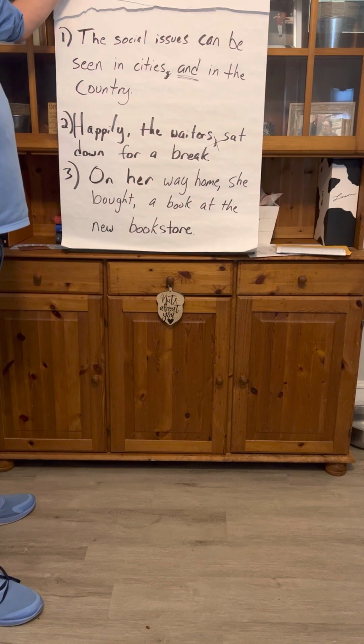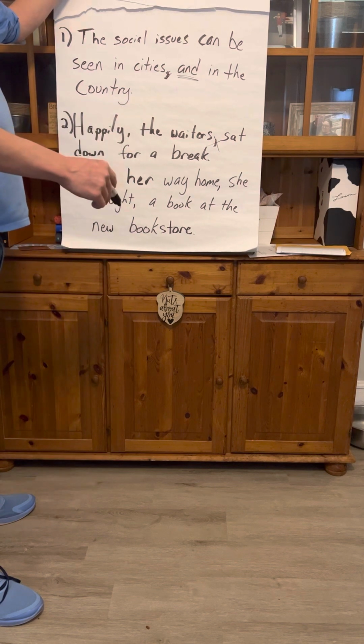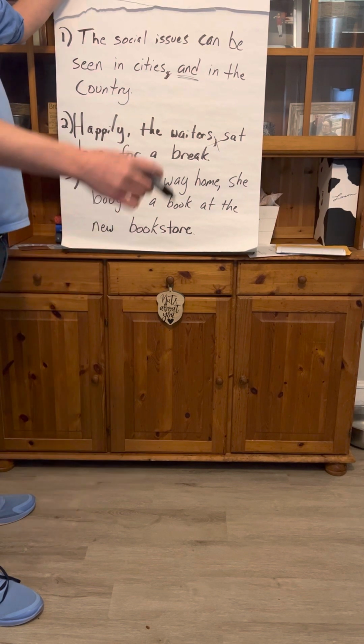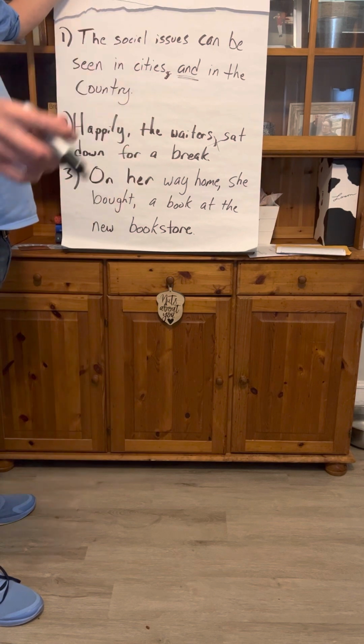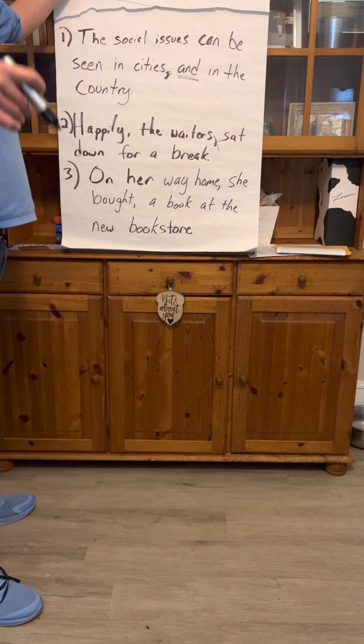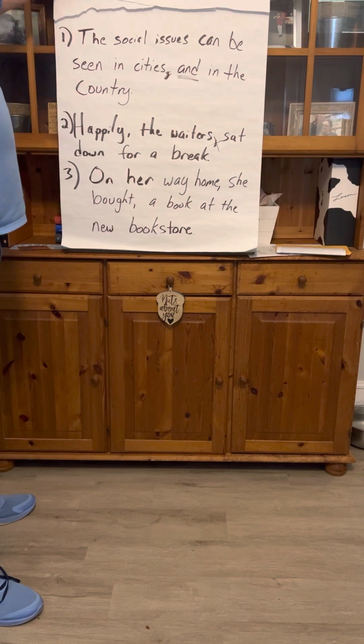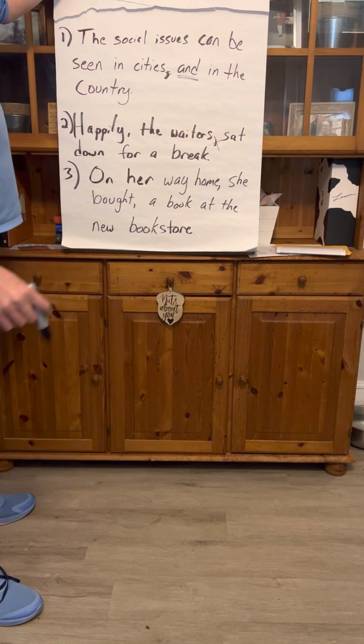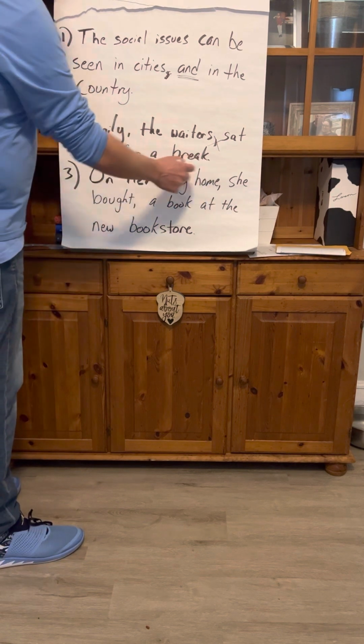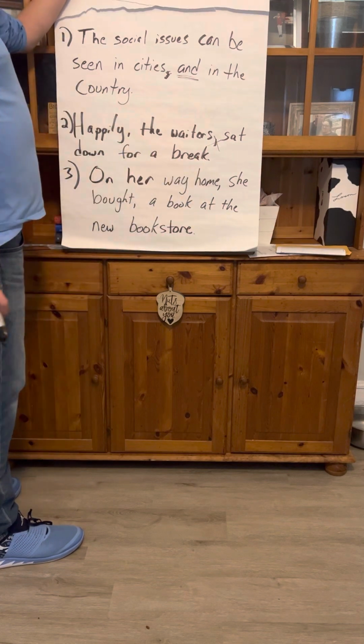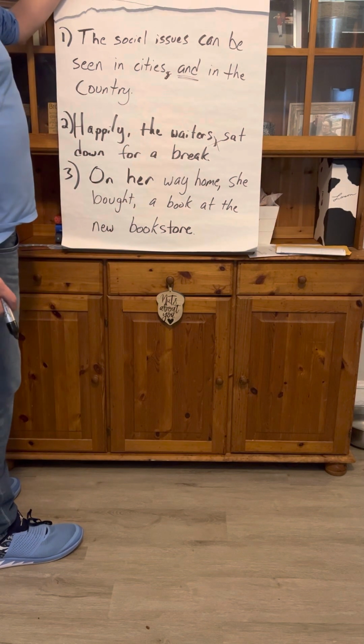And then finally here, similarly, you also don't want a comma between the verb and the object, or the action and what the action is being used upon. So here, we'll read it like they have it. On her way home, she bought, a book at the new bookstore. On her way home is somewhat of an introductory phrase, so we'll leave that alone.